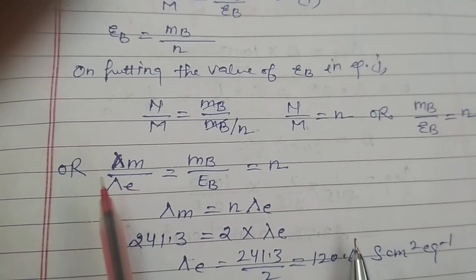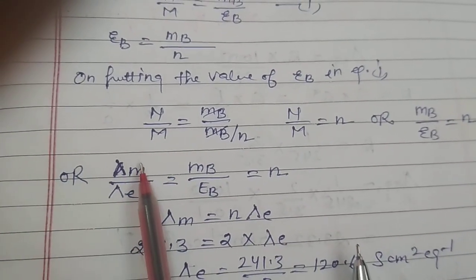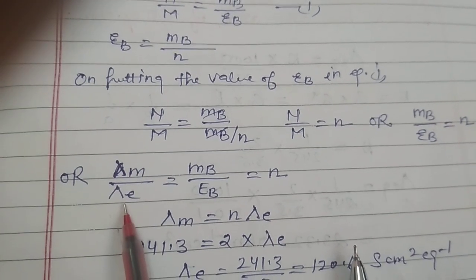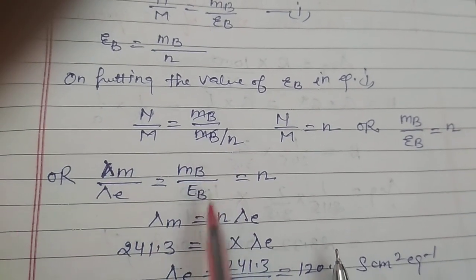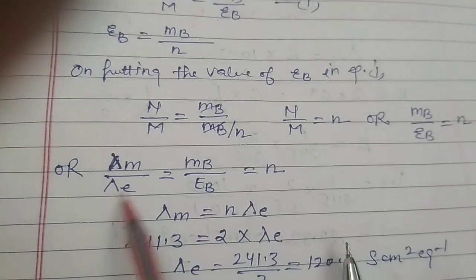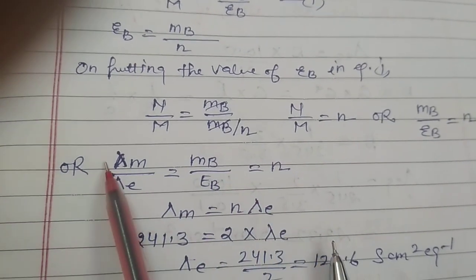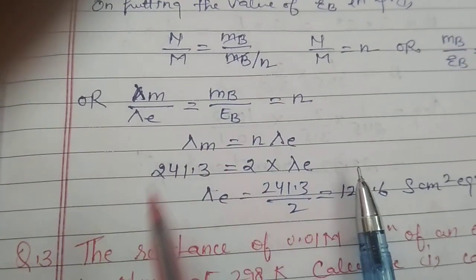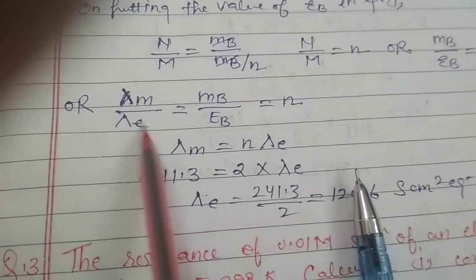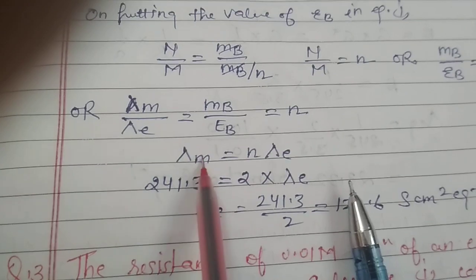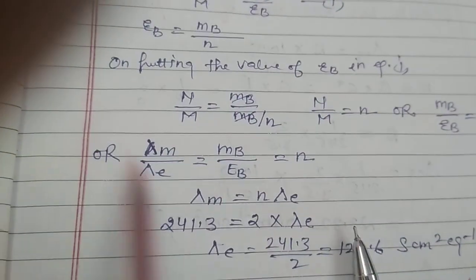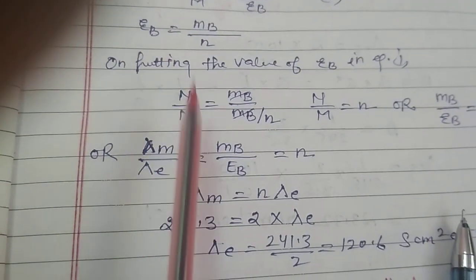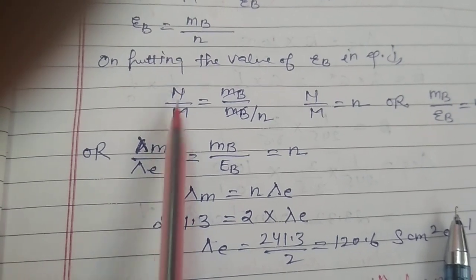Or we can also write, because we have started from molar conductivity upon equivalent conductivity, that is equal to molar mass upon equivalent mass, and that would also be equal to n factor. So we can apply this formula to calculate. We can directly put this formula. And how we derive this formula, that we have seen with the help of this. The normality and molarity relation we have seen in this chapter solution also.